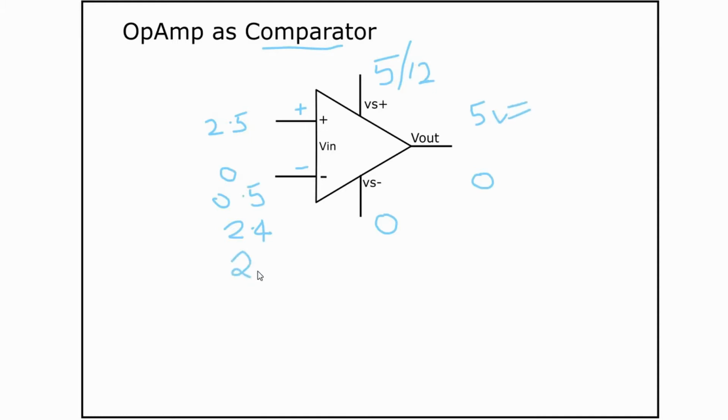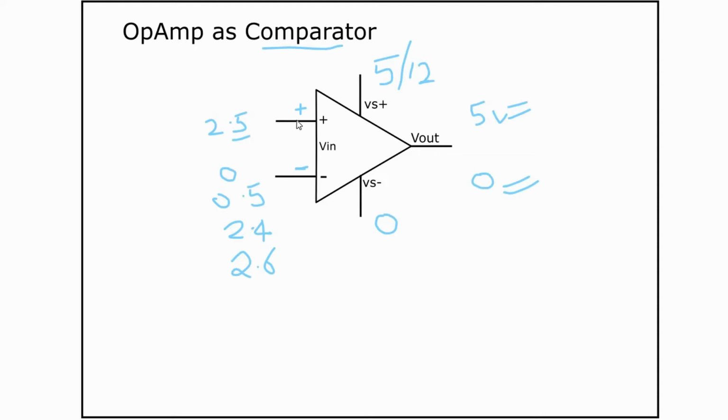At 2.6 volts, what happens is the voltage is higher on the negative pin, so it will go to 0 volts. So anything greater than 2.5 on the negative terminal, the output will be low.